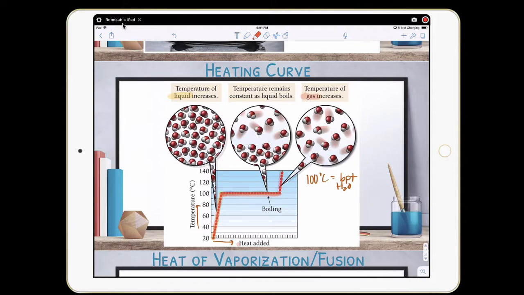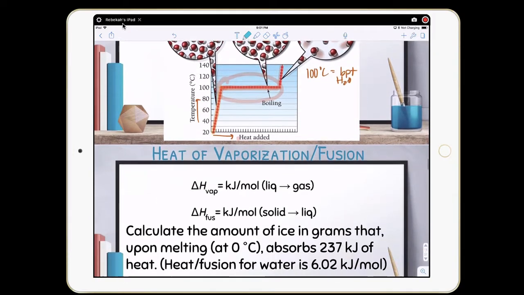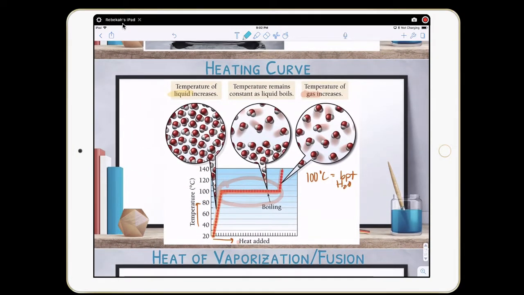Right now, you're gas. So what's happening in this weird section where I'm adding heat but my temperature is not changing? I must be doing something else. What you're actually doing is overcoming these forces. We're going to talk in just a second about these forces that are holding the water molecules together. When you're heating up the liquid, you're making the particles move faster, because temperature, remember, is just the average kinetic energy.